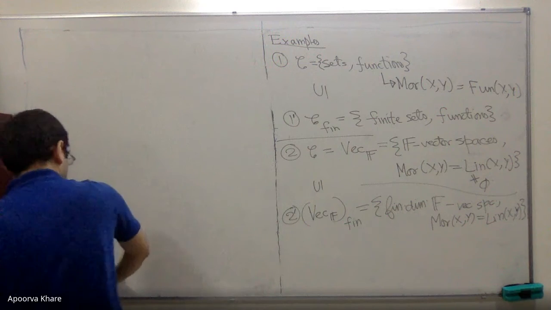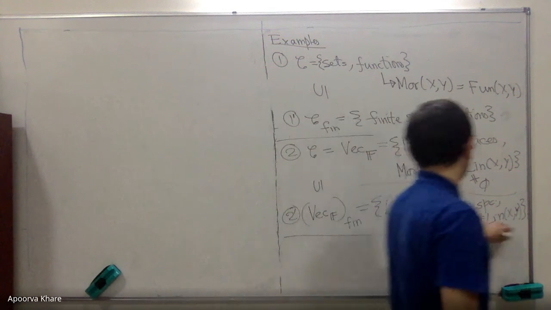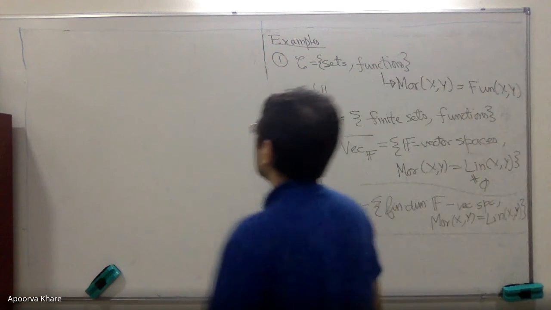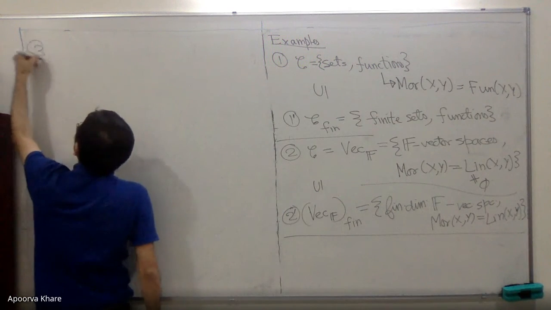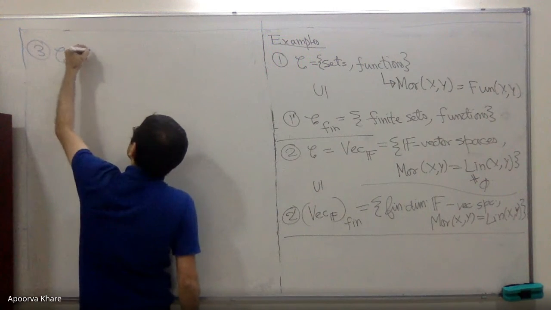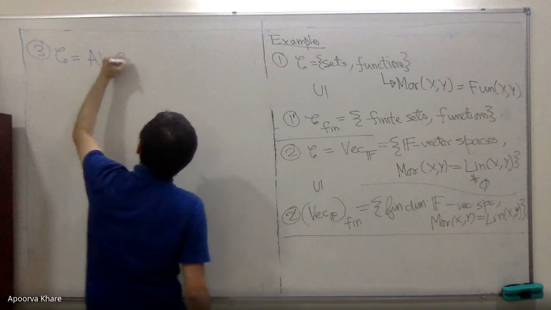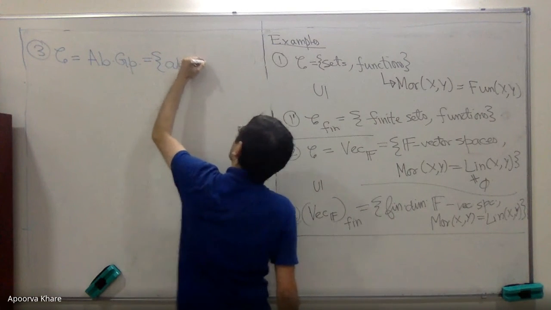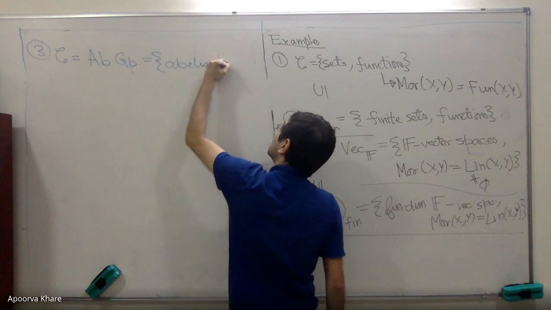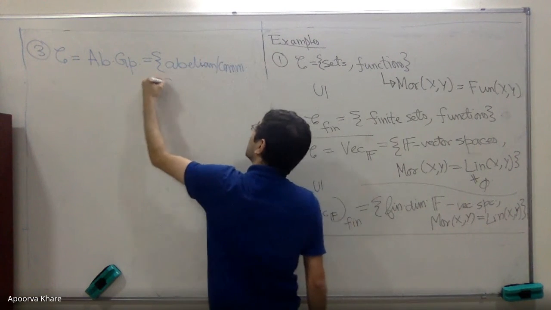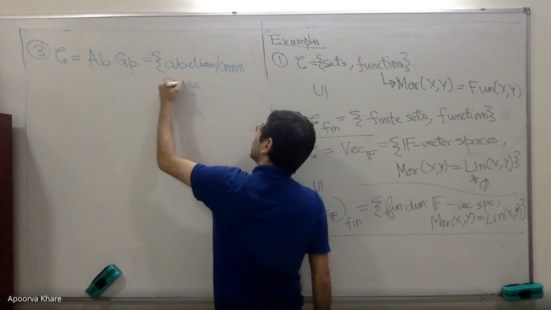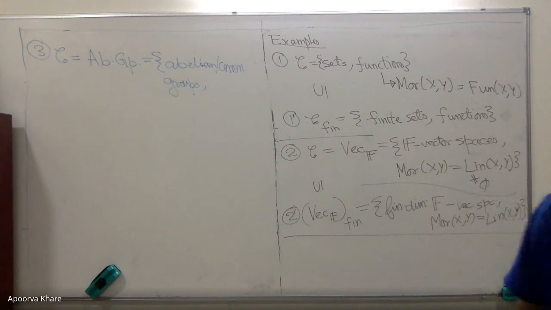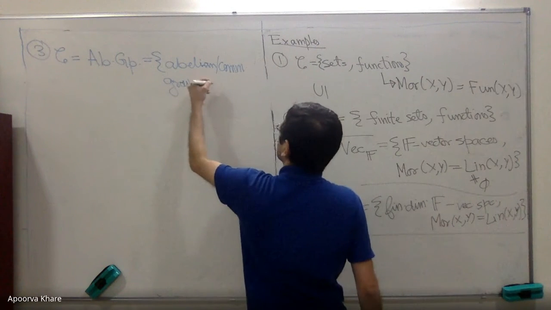But I won't define a group formally. Maybe I'll use Group 3. The category is the set of all abelian, or commutative, groups, together with group homomorphisms.